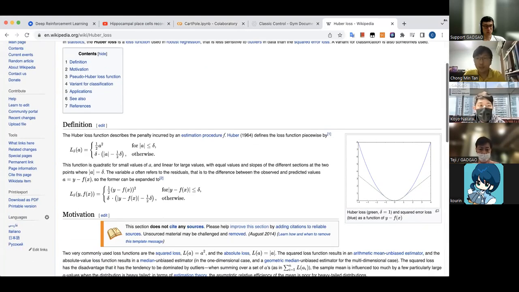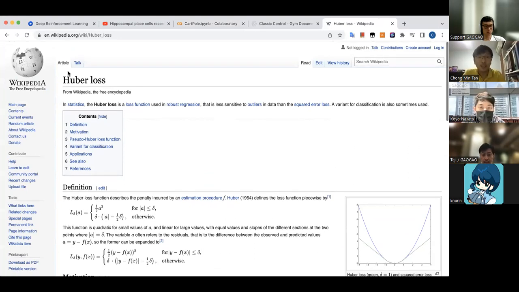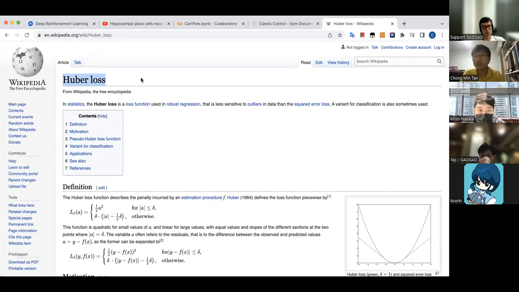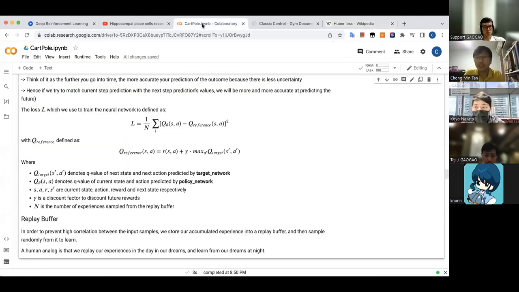Instead of a quadratic curve, beyond a certain point it is actually a linear line, so it is more stable for training. If you want to use mean square error for regression problems, try out Huber loss. Huber loss is actually better in my opinion. I've used it in a few instances, and I think Huber loss is much better than mean square error if you have very large values. That's my own take on it.